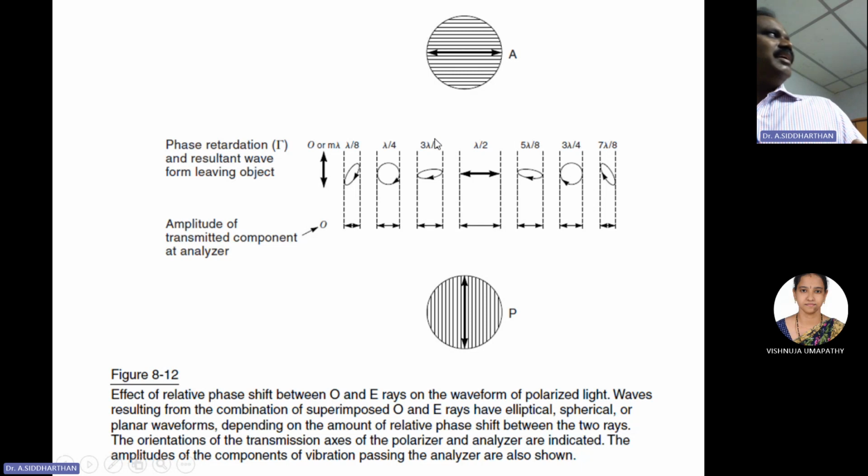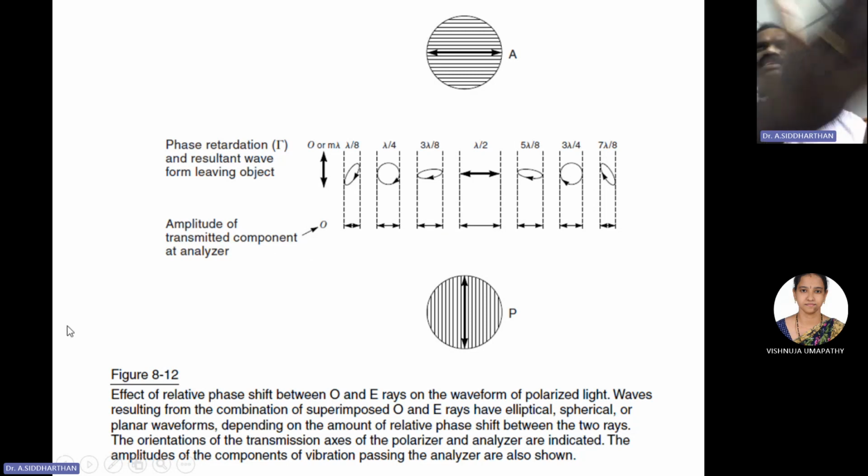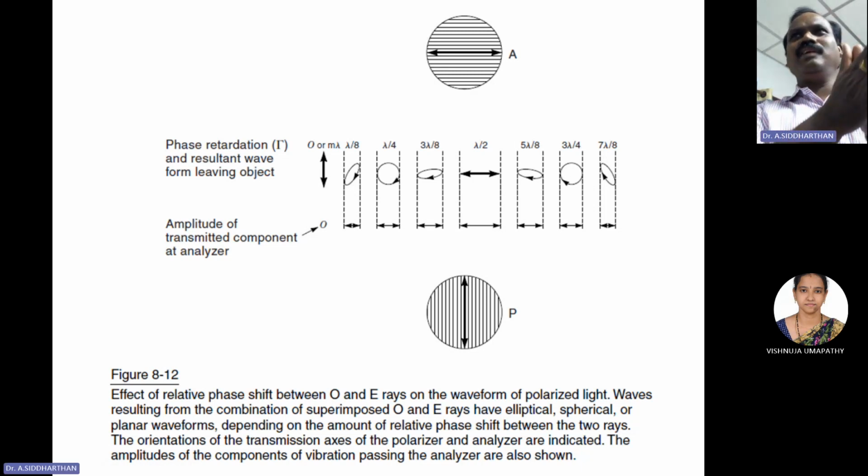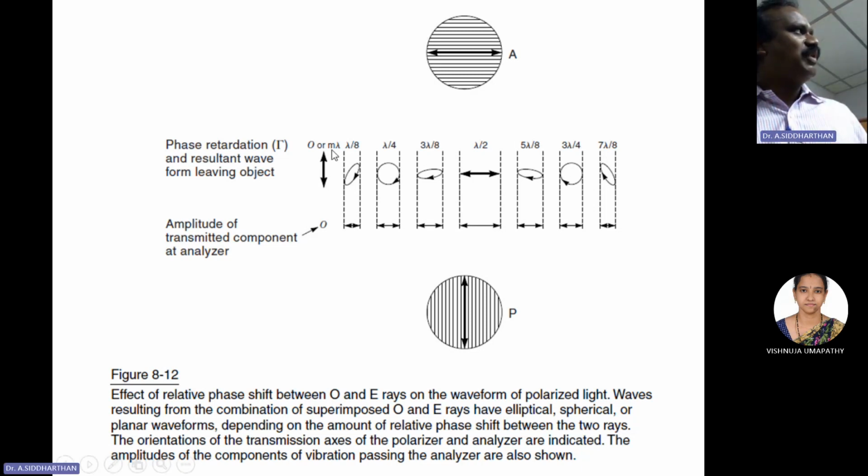An ellipse occurs. You send one plane polarized light, and upon reflection there is some change in the light. Now both these lights enter your analyzer or eye, so these two will always superimpose or interfere. We cannot avoid it. When superimposed, it may transform into plane polarized, elliptical, or circular light.